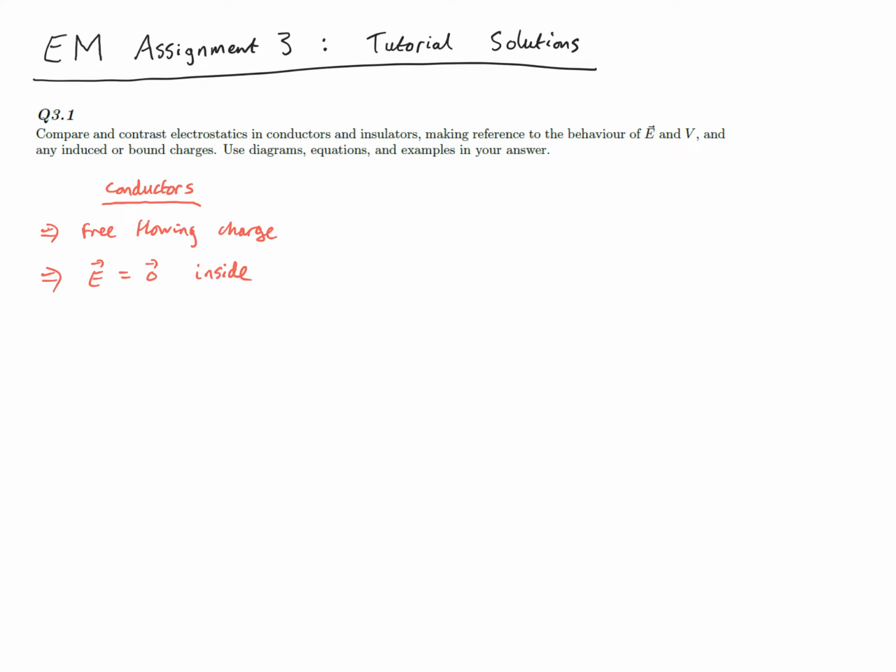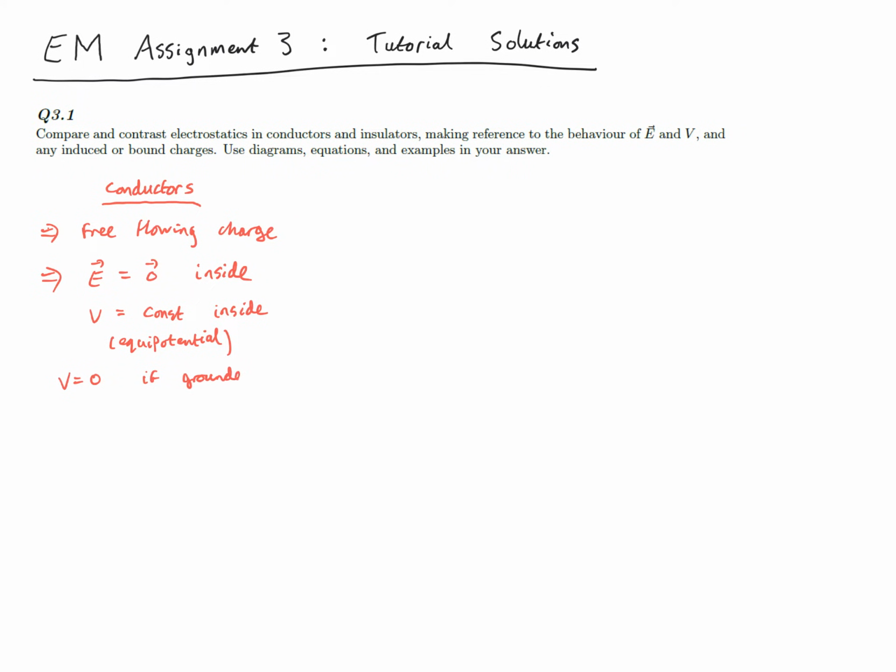If the electric field is equal to zero, that means the potential is constant within the material. So that means the conductor is an equipotential. A special case of this is if the material is grounded.